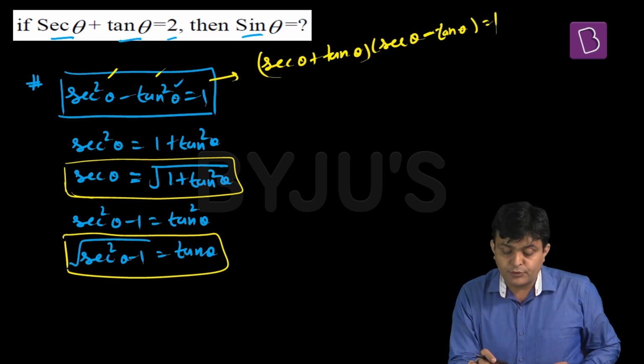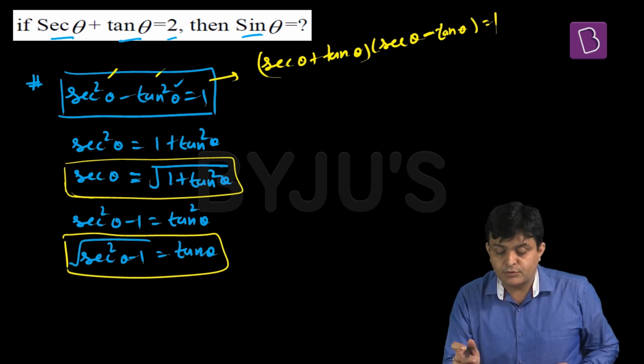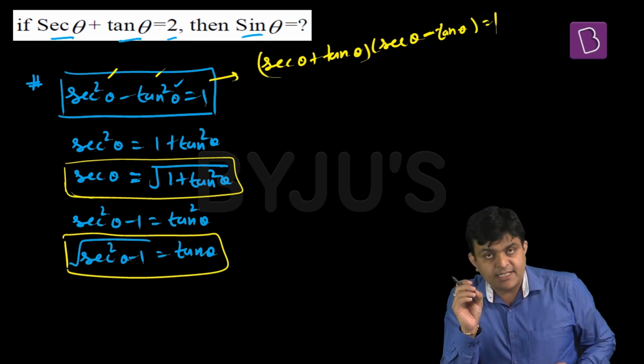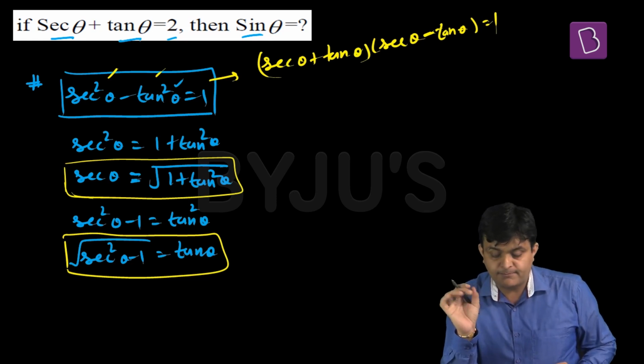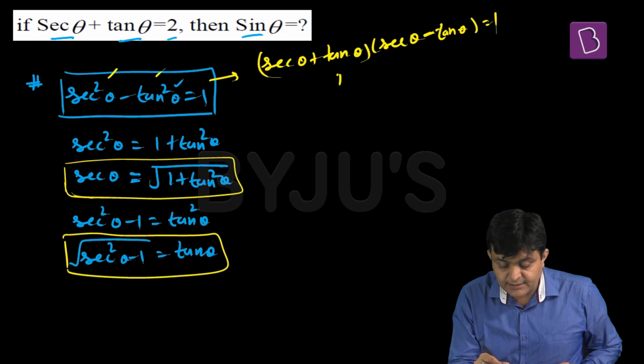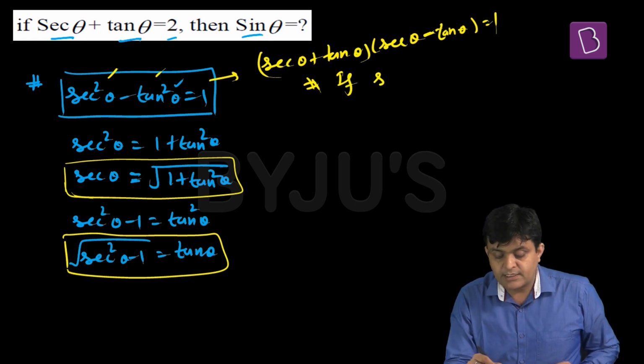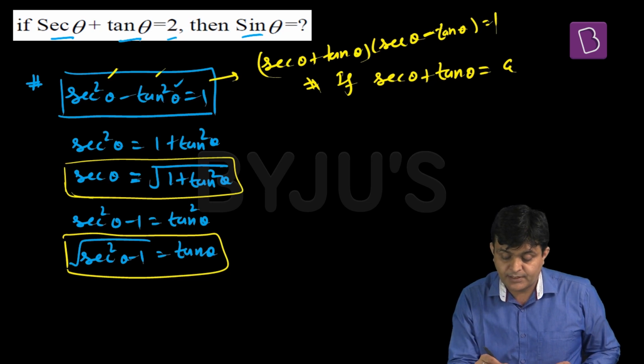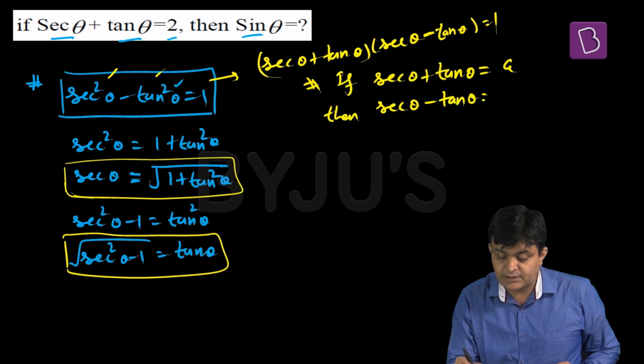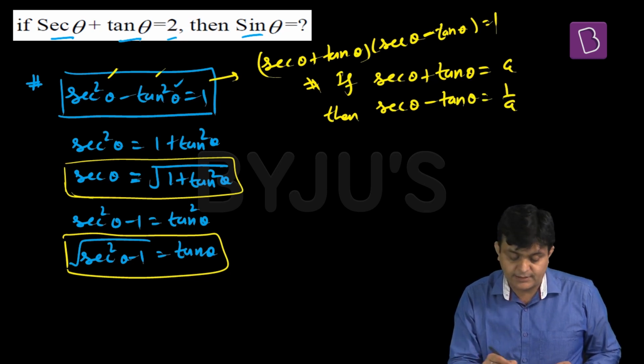So product of two things is 1, so they are reciprocal to each other. Fine. So can I write, the important one is if secant theta plus tan theta is a, then secant theta minus tan theta is 1 by a.